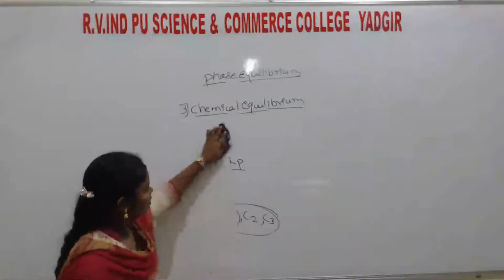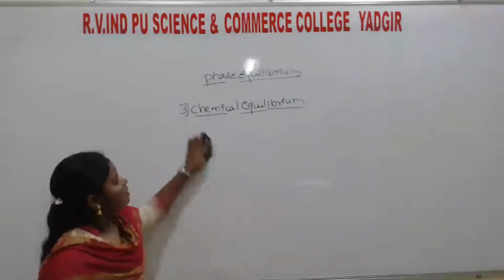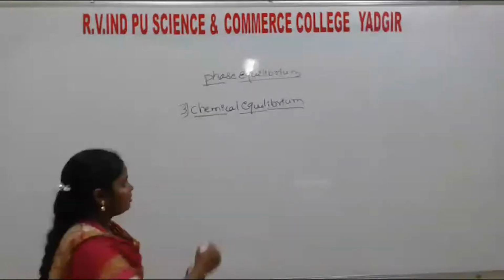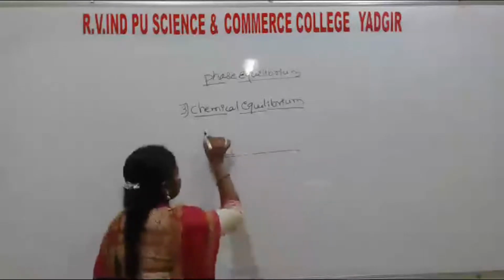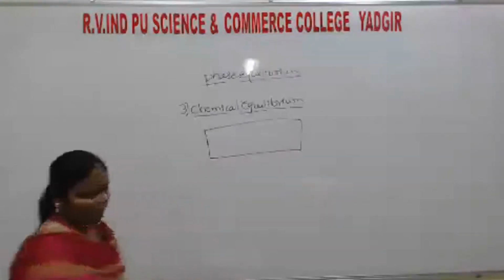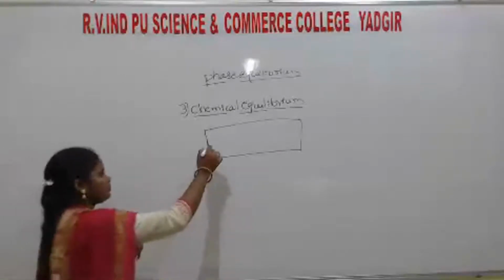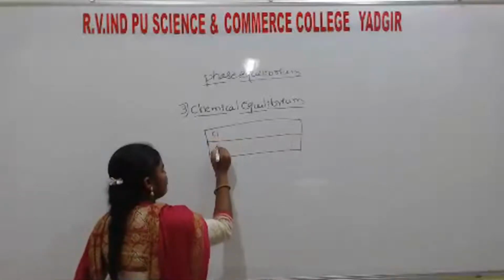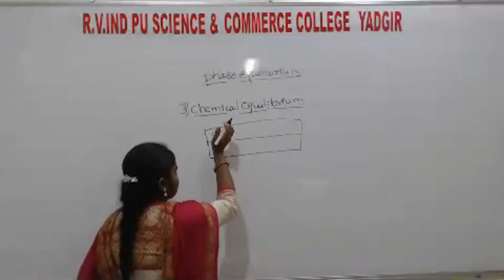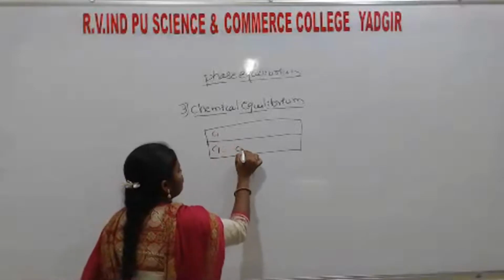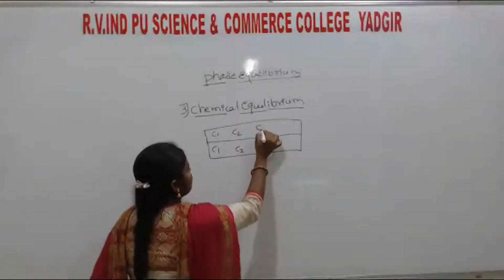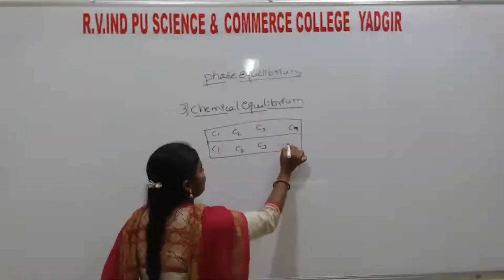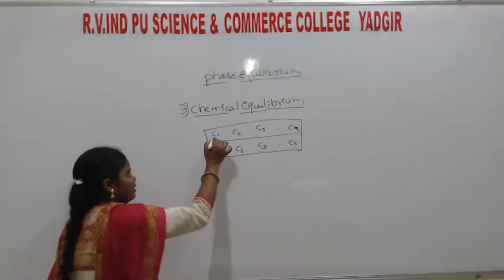See here, this is a system with components C1, C2, C3, up to Cn.